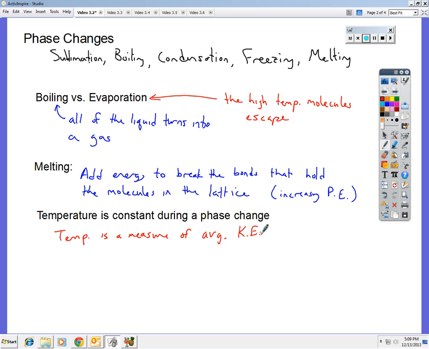But during a phase change, the energy that you add changes the potential energy, not the kinetic energy. So when you add energy, let me write that down, during a phase change, the potential energy is increased, not the kinetic energy.